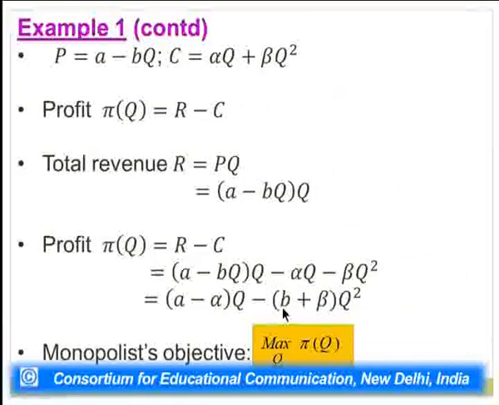Q here is also known as the choice variable, because this is what the monopolist chooses. This is a variable that he can manipulate. He can't manipulate the other terms here. The other variables, the parameters, are A, alpha, B and beta. These are parameters which the monopolist can't manipulate.